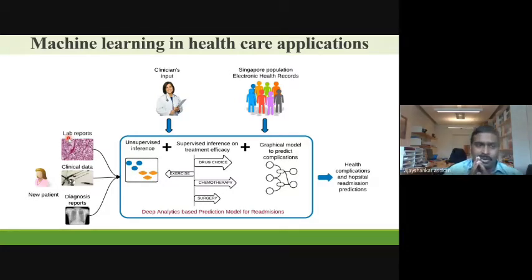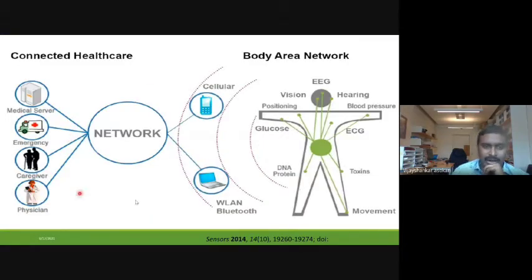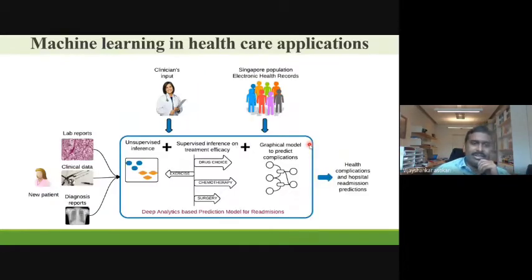For example, before going into this structure, imaging is done from the human cells coming for medical treatment, along with the lab reports, clinical data and diagnosis report, which is then further enhanced and developed through machine learning from the clinic's input.